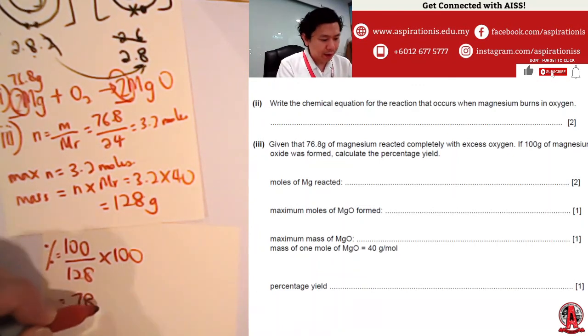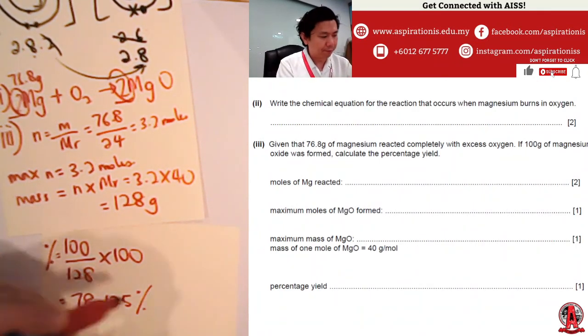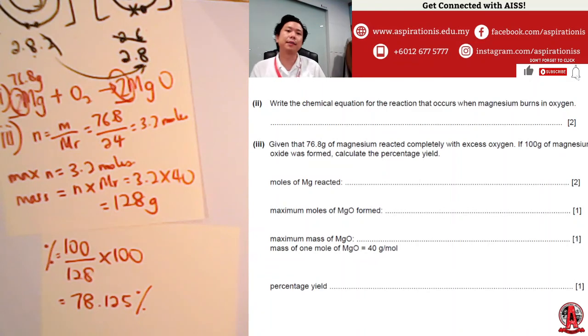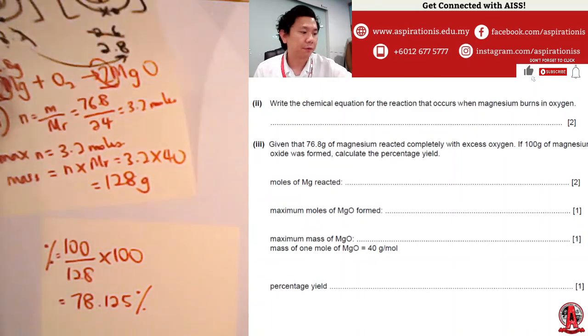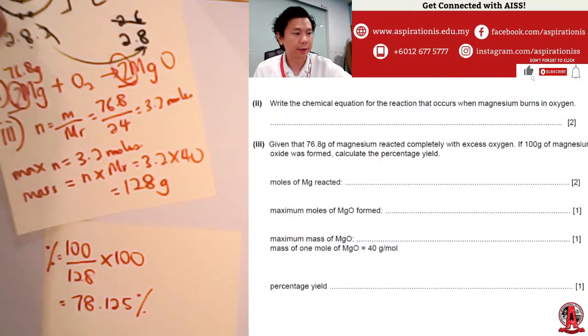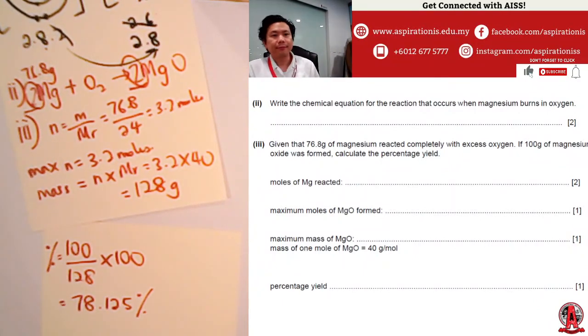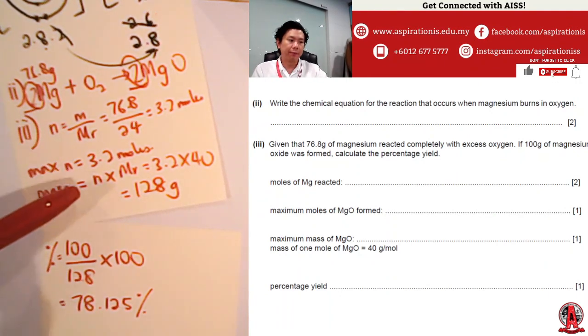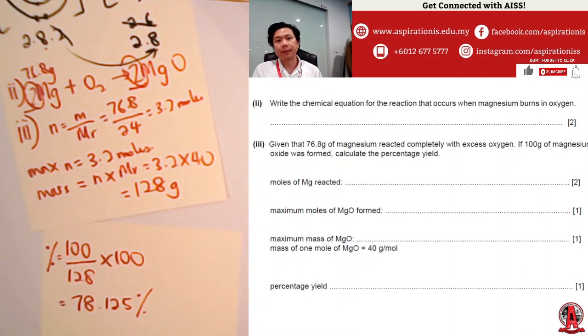So it's 78.125%. So this is how you solve a percentage yield question. Let me know if you have troubles comprehending this question, please. So there you have it, from constructing the equation to calculation of the moles and the mass, and therefore percentage yield. Do let me know if there's something I can help you with.